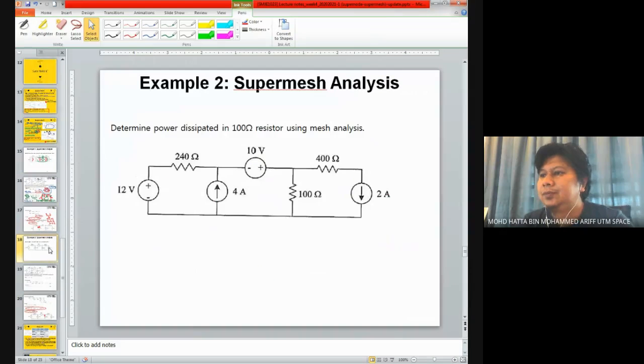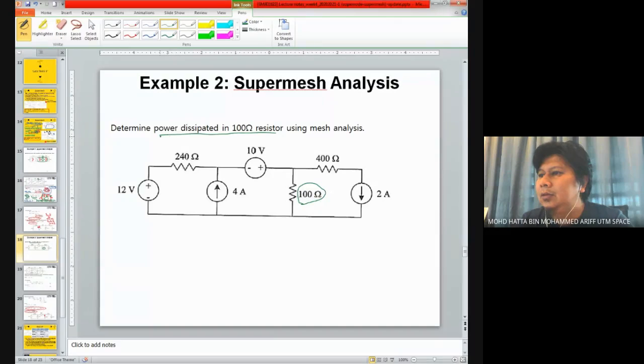Example number 2. The question is asking about power dissipated in the 100 ohm resistor, which is over here.